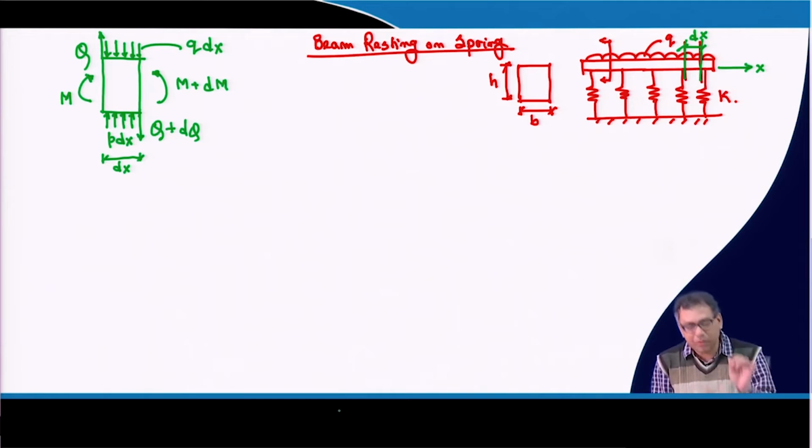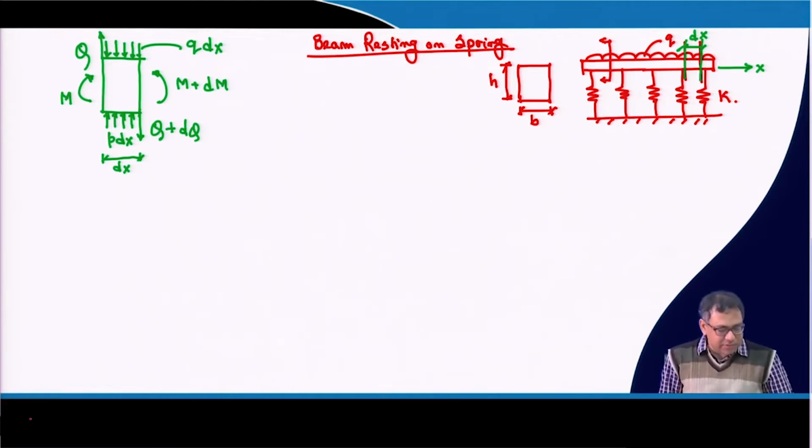That means the left side moment and shear force, and the right side shear force Q plus dQ and moment M plus dM, and these are the two, one the reaction force and the other the external force, acting on the small segment.